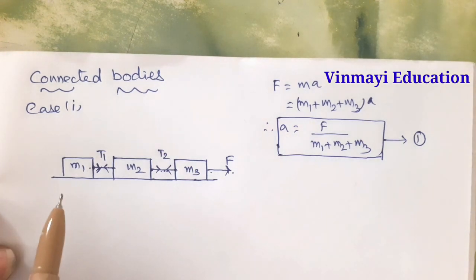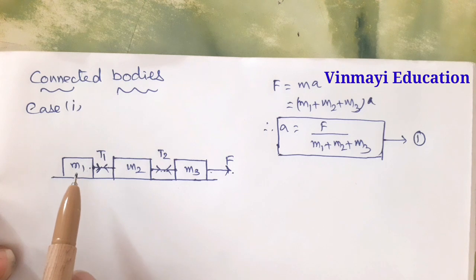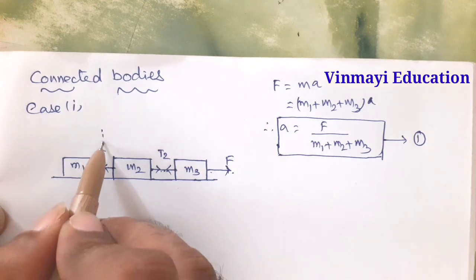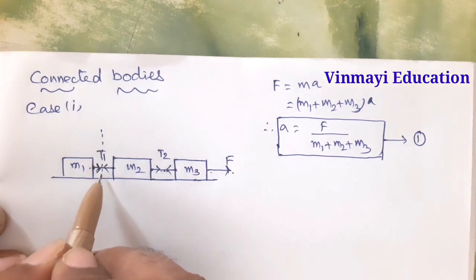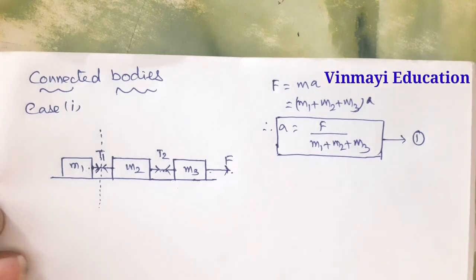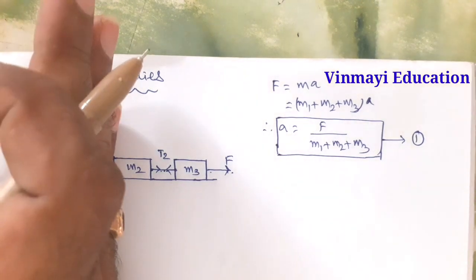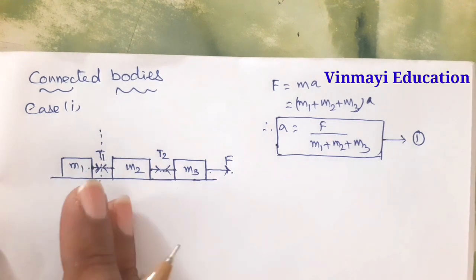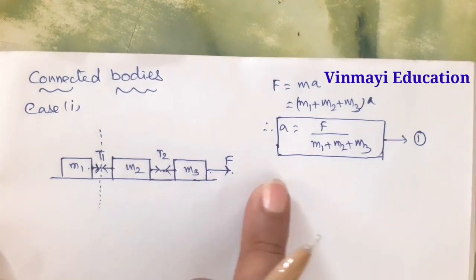Now what about the tension T1? To calculate the tension T1, just imagine one line which is perpendicular to the surface. Now one force is outside this line and the two forces are on the force direction in this side.